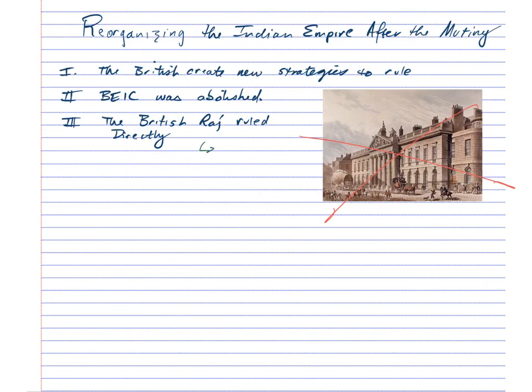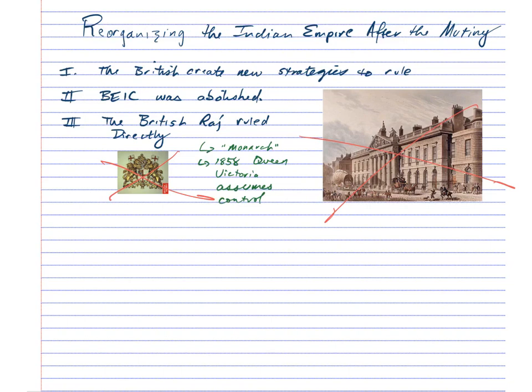Raj is a word that basically means monarch, and in this case, in 1858, Queen Victoria assumes control. She abolishes the British East India Company, creating a British government over India. Four, the military is reorganized.